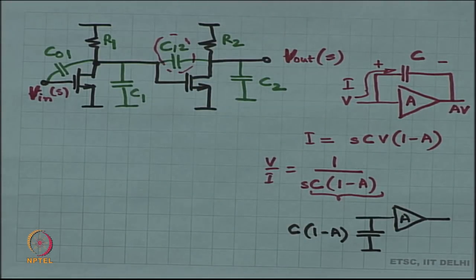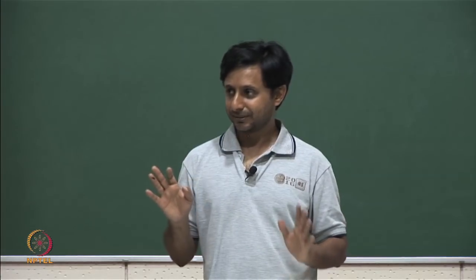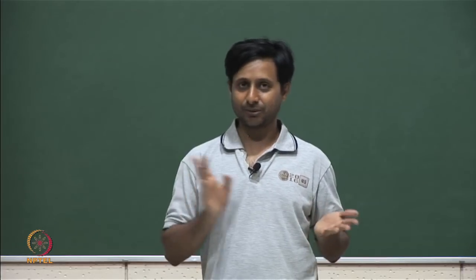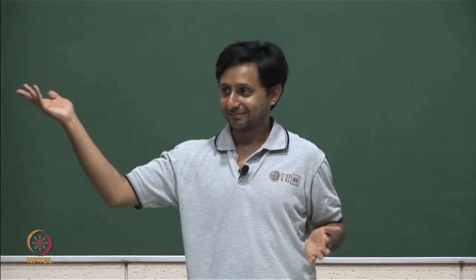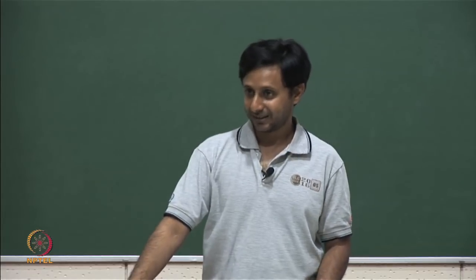You can think of it as providing a gain, at least at DC it provides a gain of minus Gm times R2. Okay. And therefore, remember at low frequencies the gain is almost equal to the DC gain. At high frequencies the gain, we do not know what is going to happen at high frequencies, right.